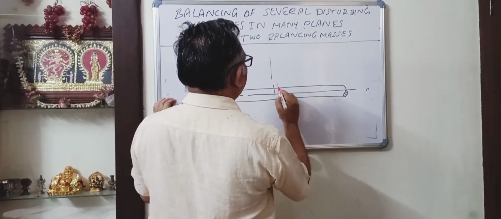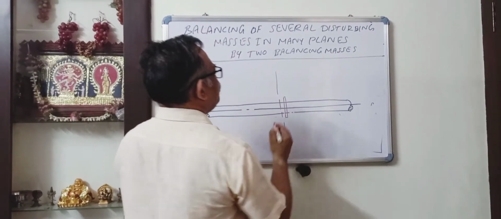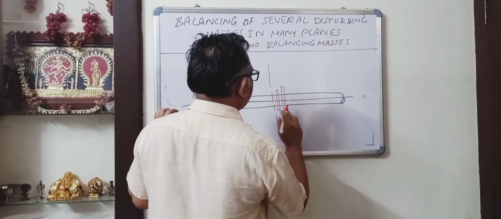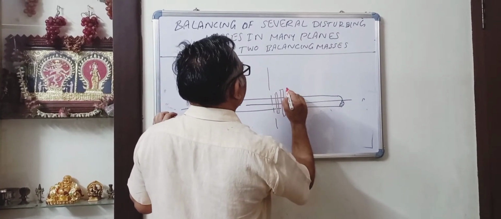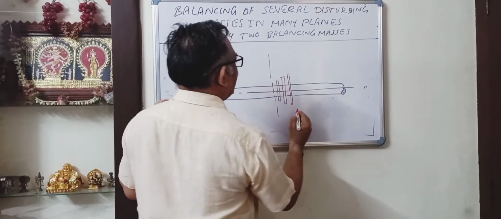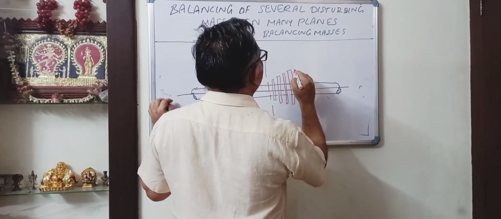here impulse blades will be there, right? To some extent, impulse blades will be there like this, right? Then a few rows of impulse blades will be there, and after that, intermediate stage blades will be there.